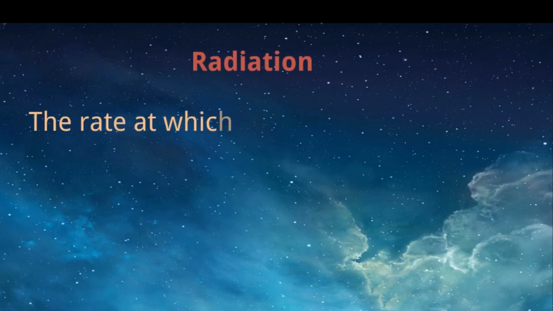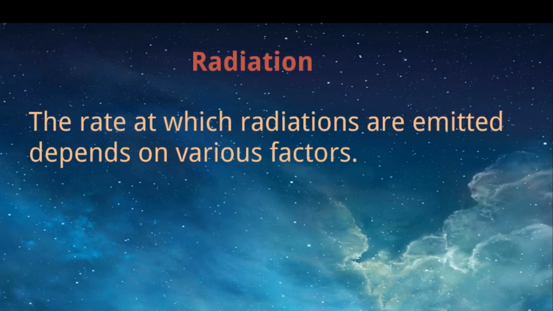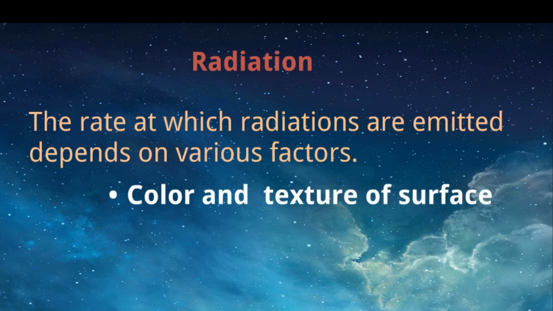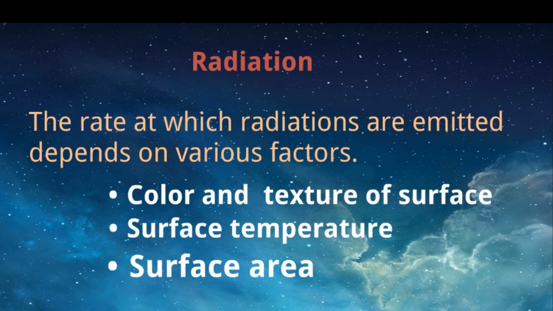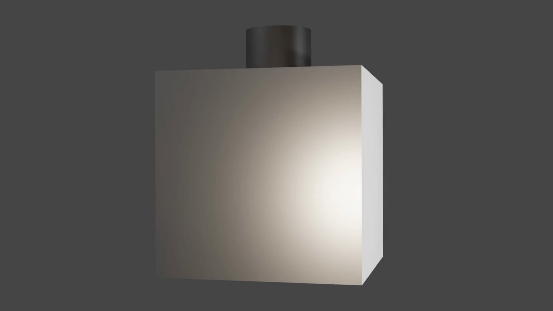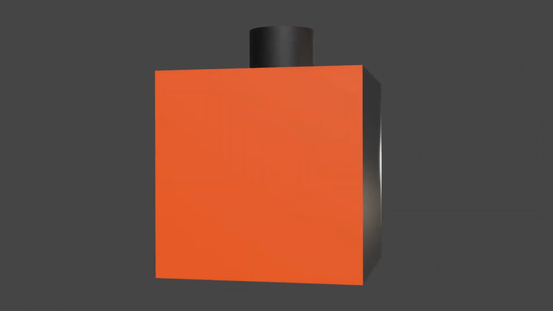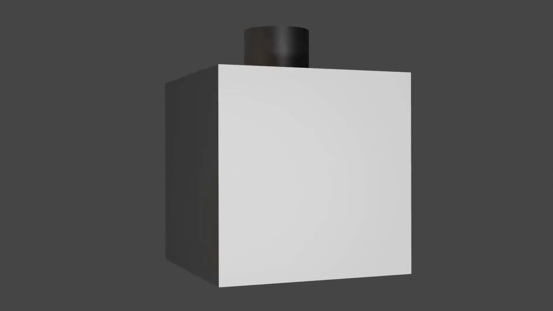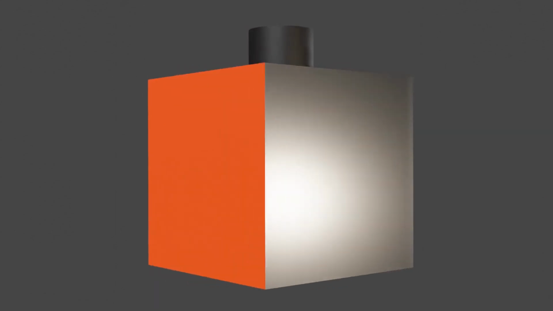The rate at which radiation is emitted depends upon various factors such as color and texture of the surface, surface temperature, and surface area. Leslie's cube is a metal box having four faces of different nature. They may be as follows: colored surface, dull black surface, white surface, shining silver surface.